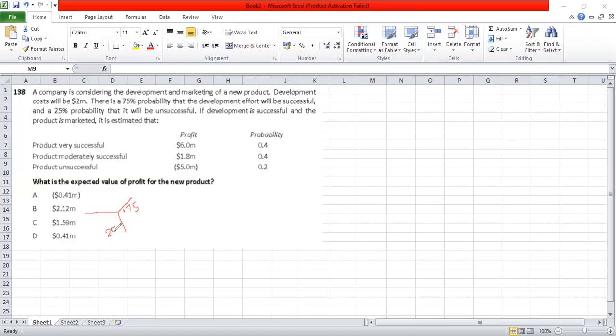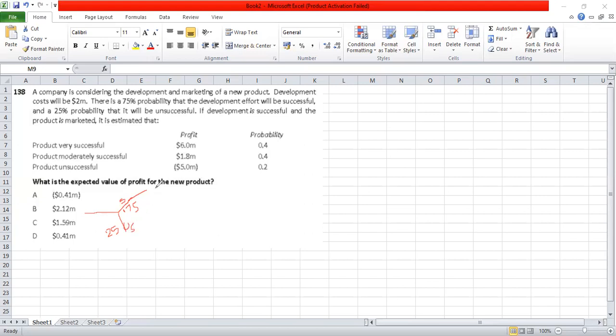So successful and unsuccessful. If it is unsuccessful, there is no issue.